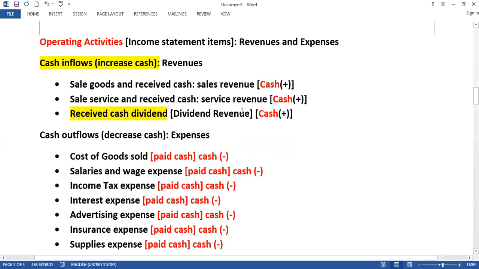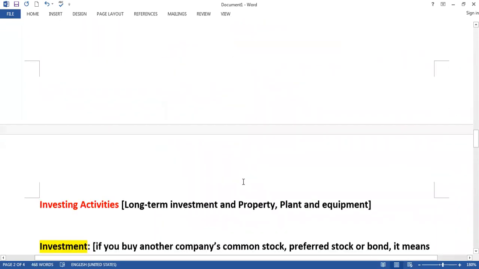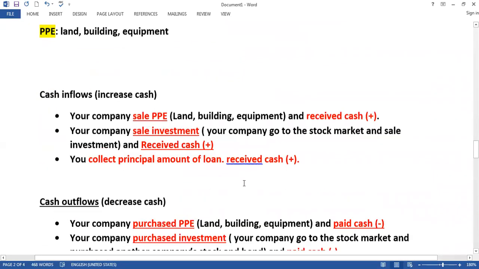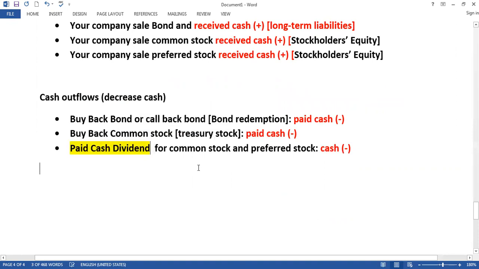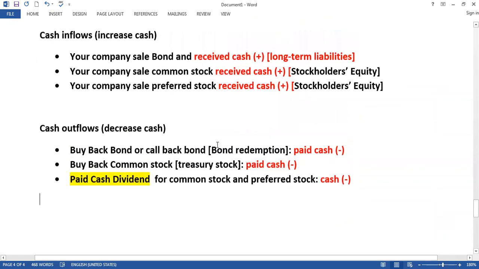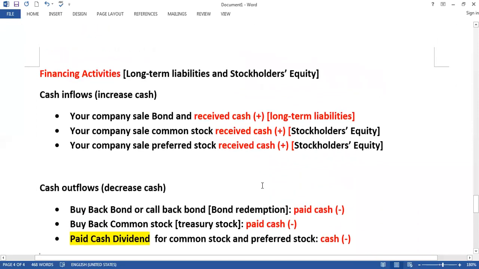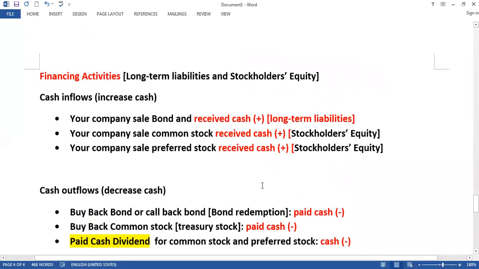A received cash dividend we have to record as revenue. But when we paid a cash dividend, it means that the stockholders' equity value decreases.